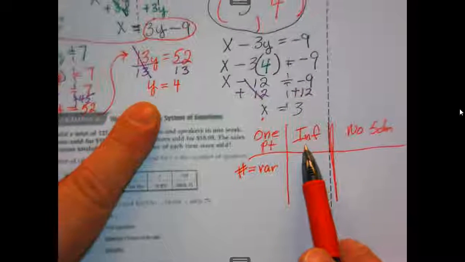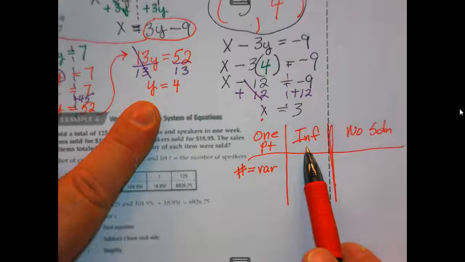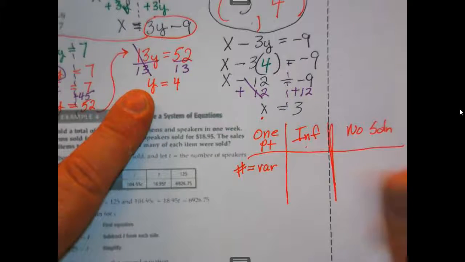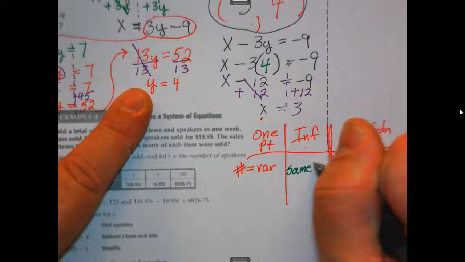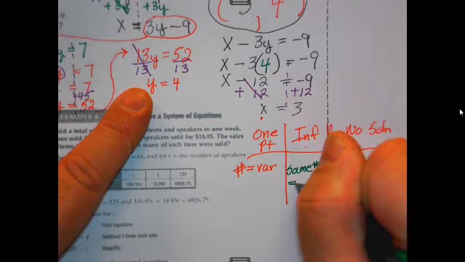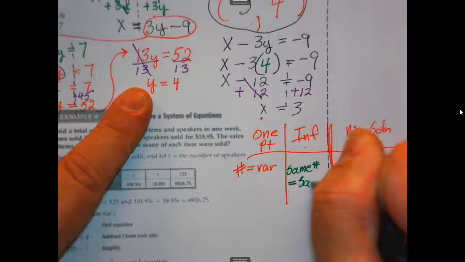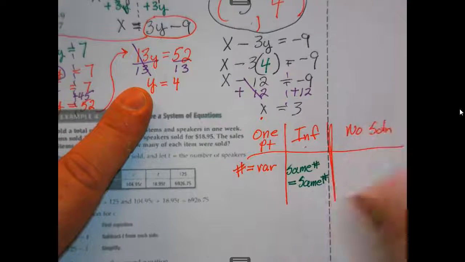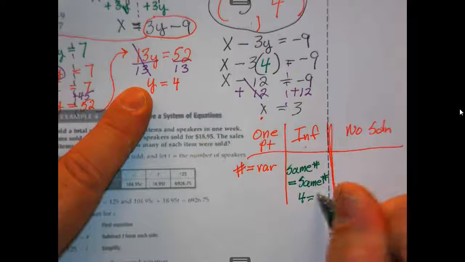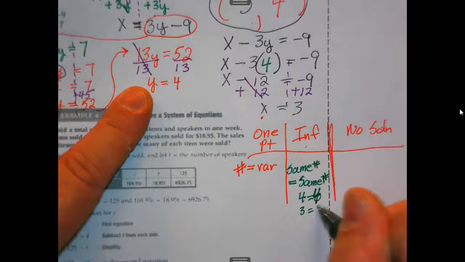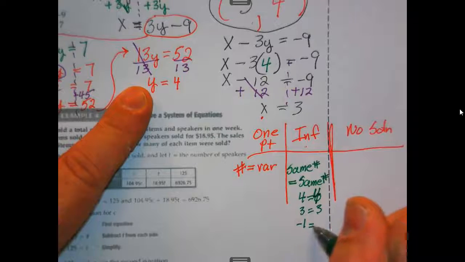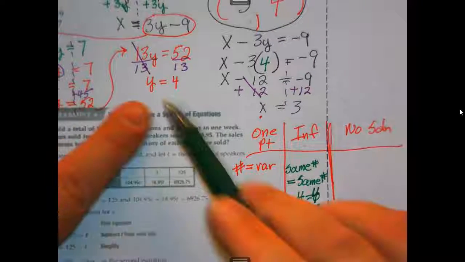If I had a problem where I had infinitely many solutions, what I would have is the same number equal the same number. In other words, something like 4 equal 4, 3 equal 3, -1 equal -1. That's infinitely many solutions.